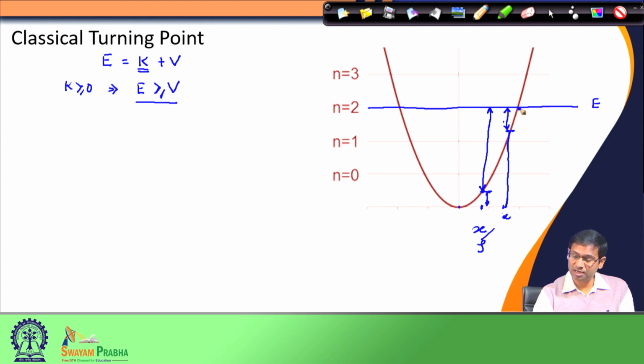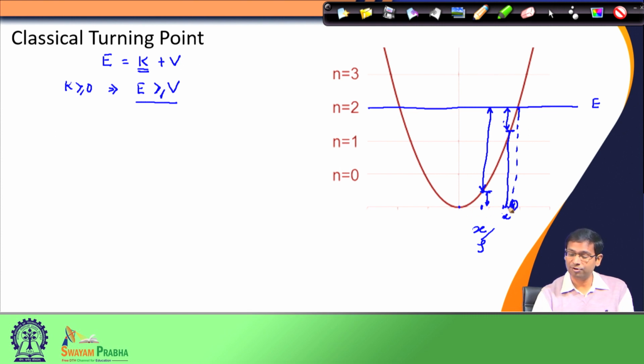If you notice, when I reach this point on the displacement axis, the potential energy becomes equal to the total energy. What happens to the kinetic energy? At this value of displacement, all the energy of the system is potential energy, so the kinetic energy is 0. When the kinetic energy is 0, at this position the oscillator oscillates back.